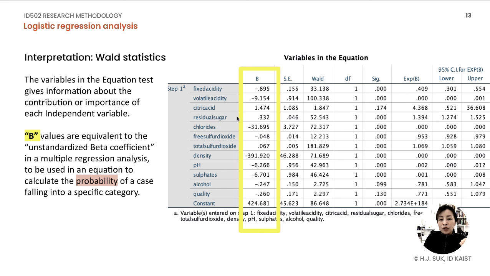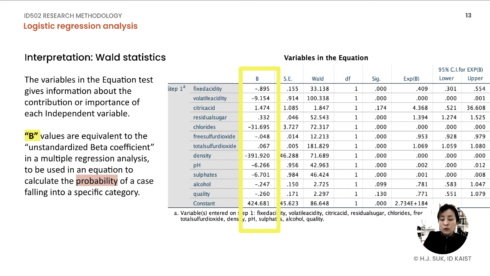So if residual sugar is more contained, then its impact will be like 1.3 times increasing, which means the contribution to the probability of residual sugar will be more impactful. So more likely to be a bigger number, which means close to 1. And in our research context, 1 is white wine and 0 is red wine. So more likely to be white wine.